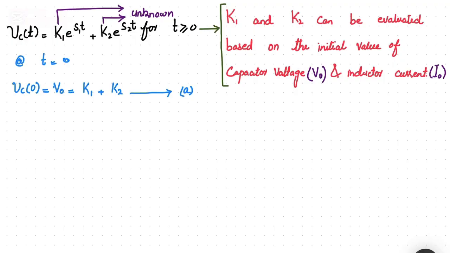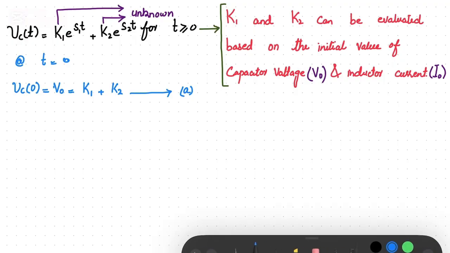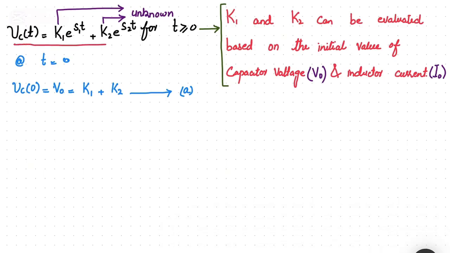This is the equation for Vc of t. The second value of initial parameter is the initial value of inductor current I0.